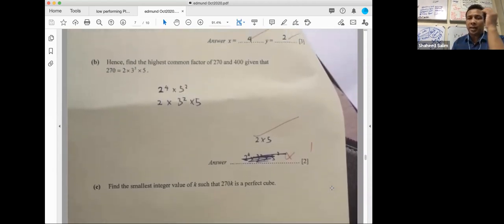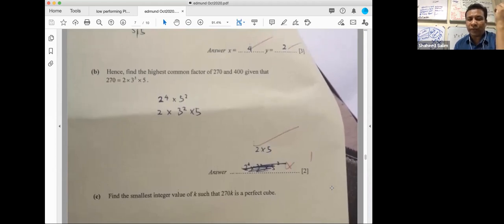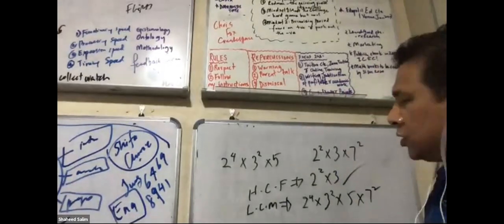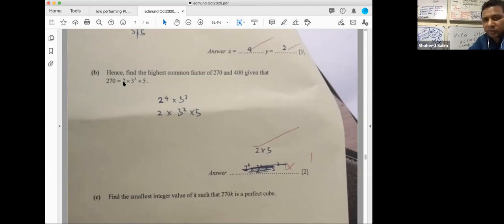So now they're asking you how to make the smallest integer of k such that 270 times k is a perfect cube. Now, let us look at k. What is k? I need to look at what the number is. Yeah, I write down first.